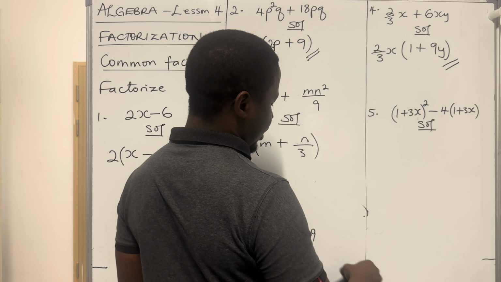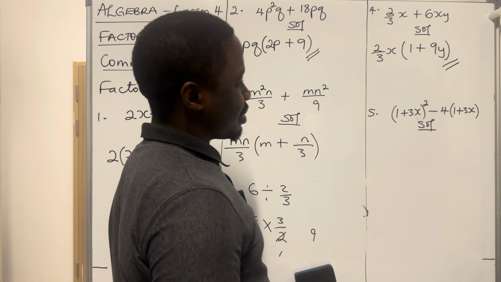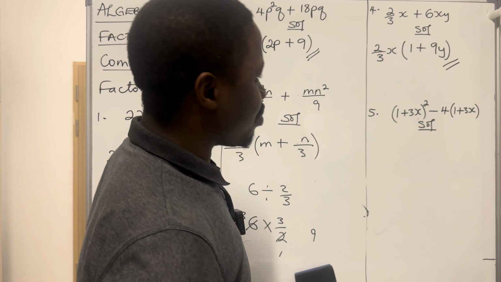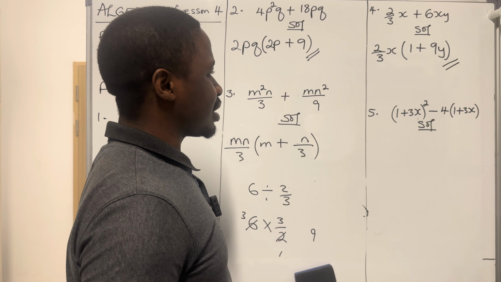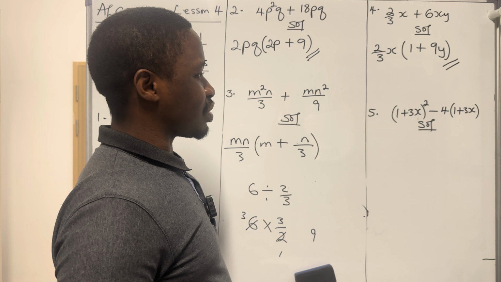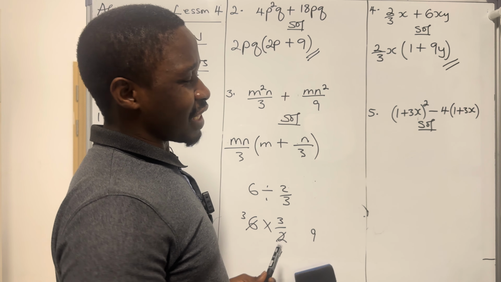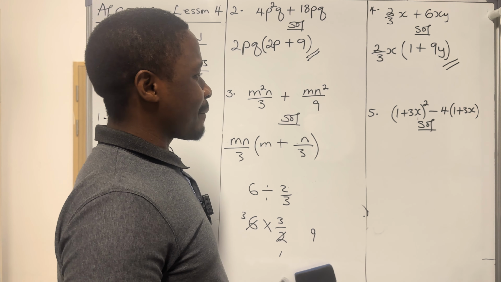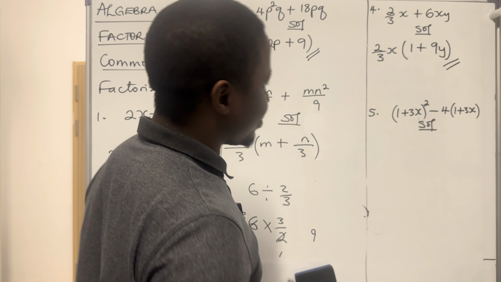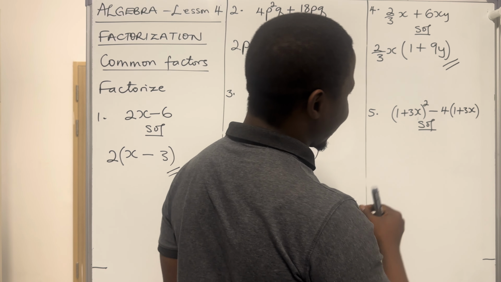Okay. We have another one here. Sometimes when you have multiple brackets, you want to factorize. Don't think it is difficult. Don't panic. So what we do is, the fact that we have multiple brackets, let's try to observe something here.